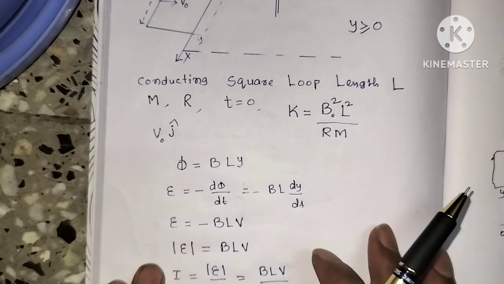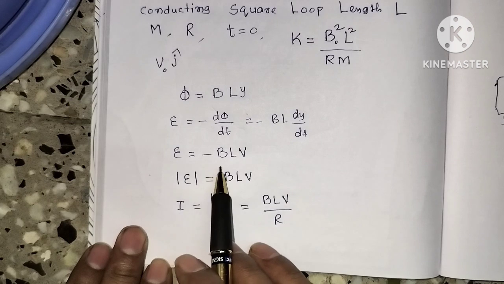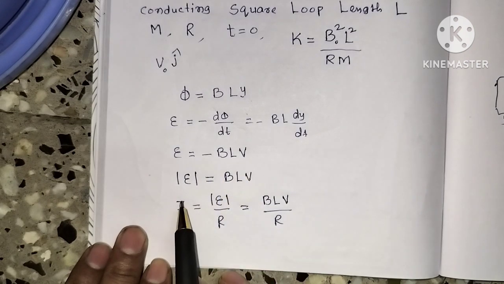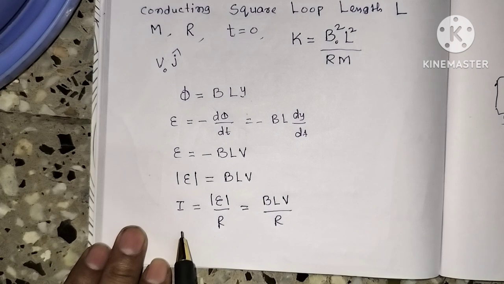So the induced EMF is minus BLV; taking the magnitude, that is BLV. Then the current induced, because of the EMF: I is equal to E by R, that is BLV divided by R.